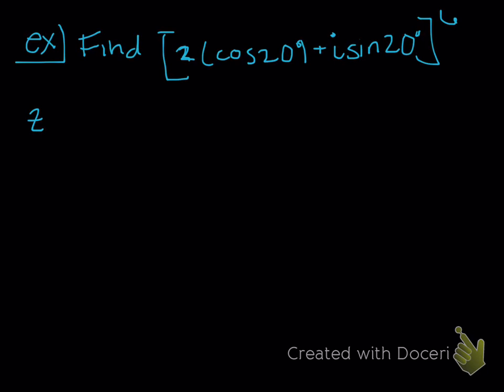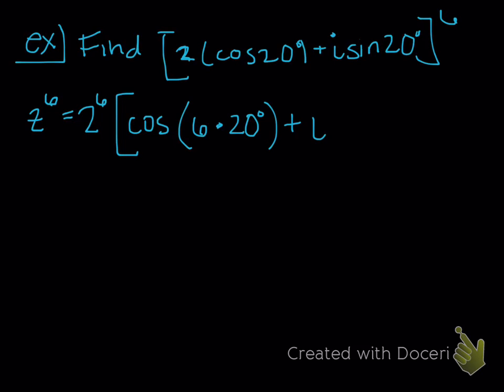So the formula says I'd have z to the 6th power. So I'll do 2 to the 6th power. And then I'll have cosine, and we'll be doing 6 times 20 degrees plus i sine of 6 times 20 degrees.